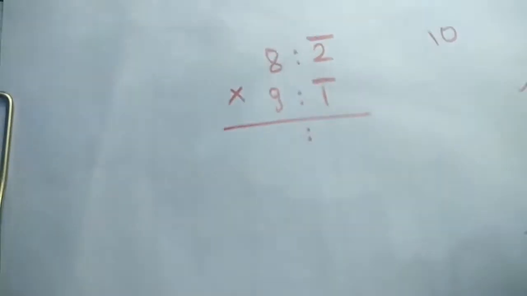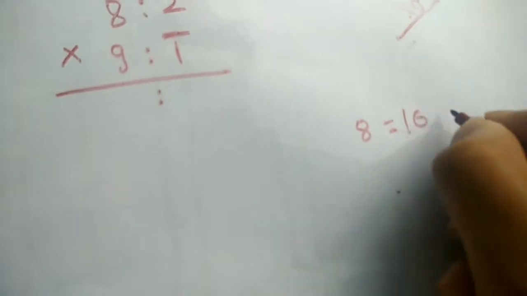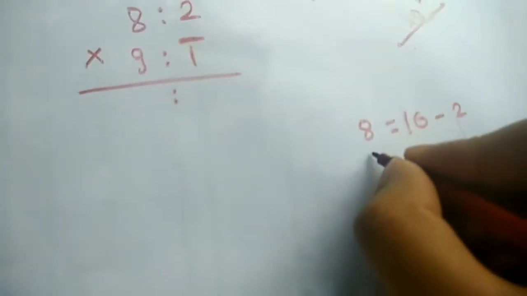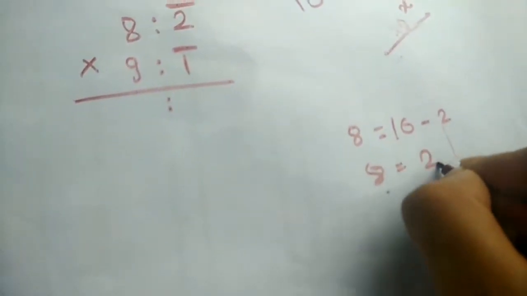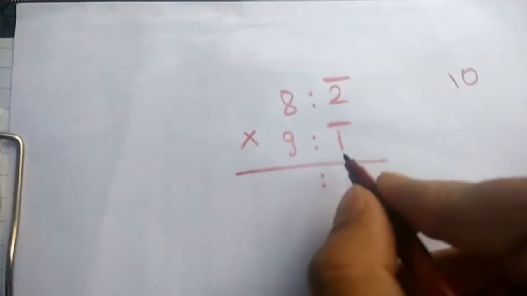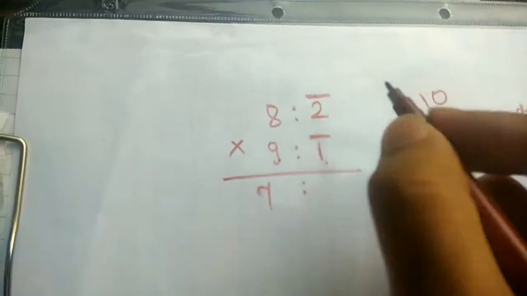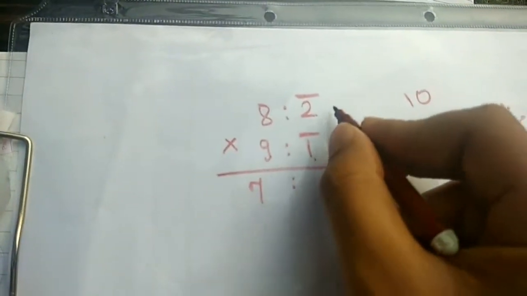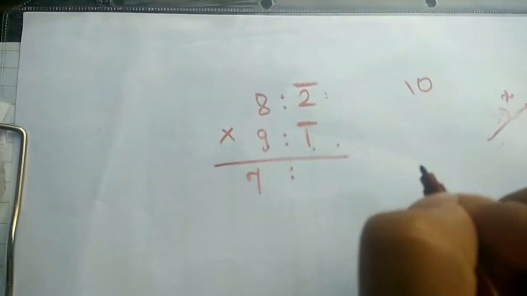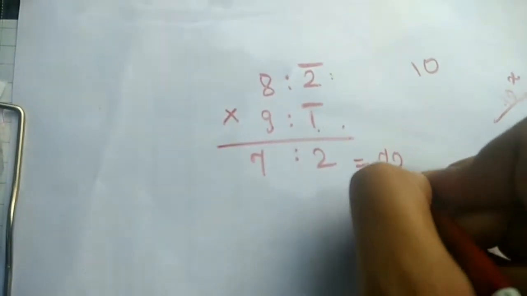As 8 is less than 10, we can write 8 as 10 minus 2, so 8 is equal to 2 bar, and 9 is 10 minus 1. Now 8 minus 1 is 7, or 9 minus 2 is also 7. Now minus 2 into minus 1 is plus 2.